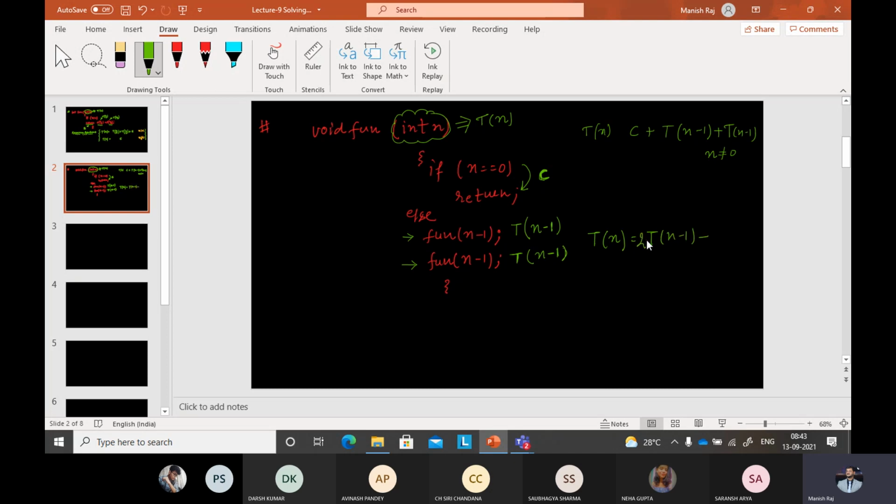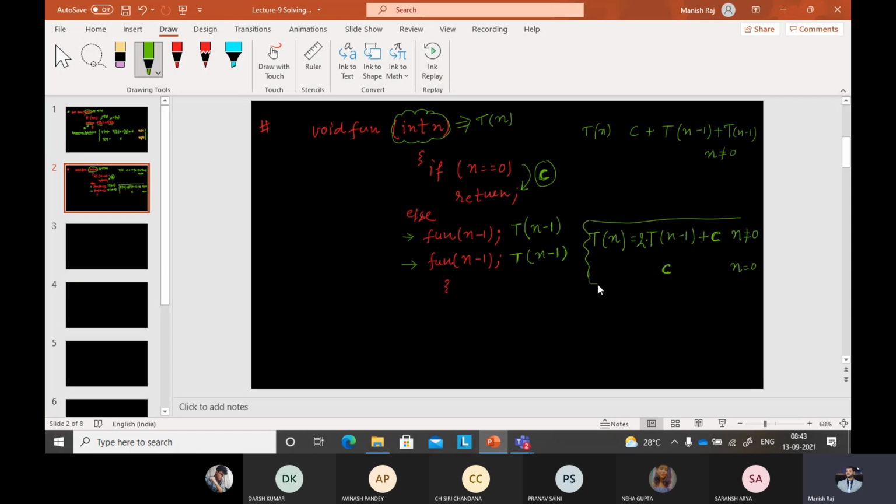So you can write 2 T n minus 1 plus some constant c. That is the situation when n is greater than 0, and when n is equal to 0, you are returning a constant. So this will be your recurrence relation.